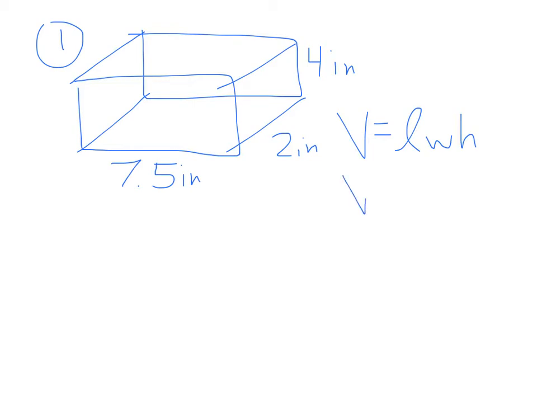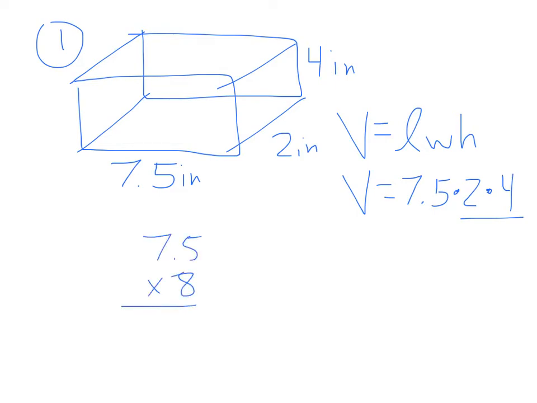And then we start plugging things in, and on these types of problems it does not matter which one is the length, width, or height. You basically just plug them in any order. So we'll just do 7.5 times 2 times 4, and we can multiply those in any order. That's called the commutative property. I'm going to do 2 times 4, which is 8, and 8 times 7.5.